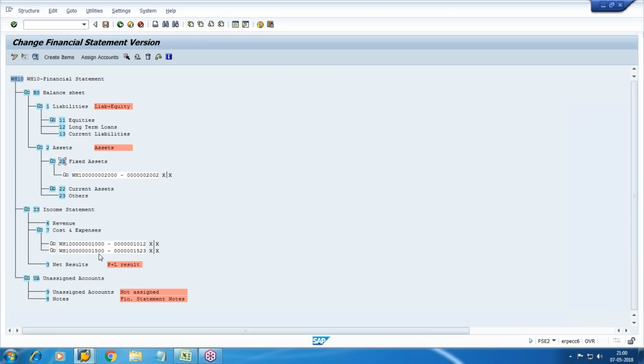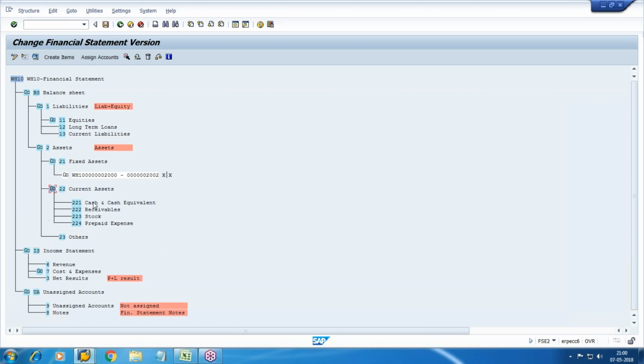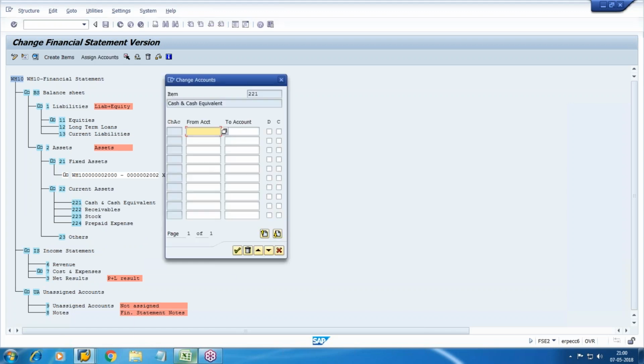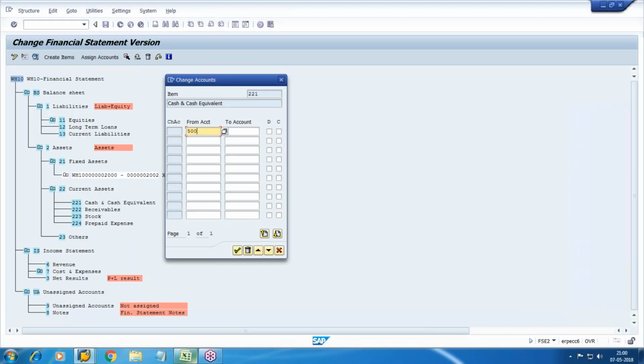Cash and cash equivalent. Select assign accounts 2500 cash account 2500.